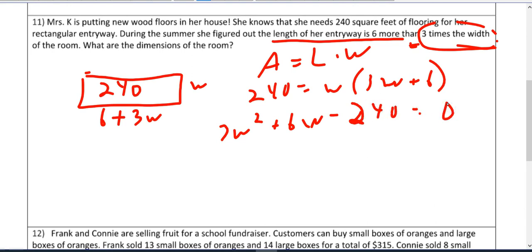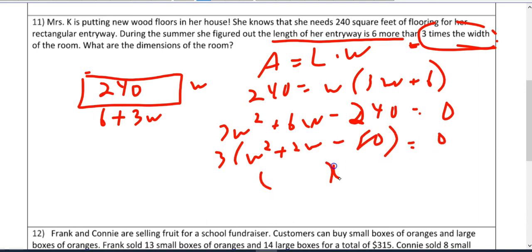Now to make my life easier, I'm going to take the 3 out. Okay. Now I'm looking for two numbers that multiply to give me 80 that differ by 2. Well, that's 10 and 8.